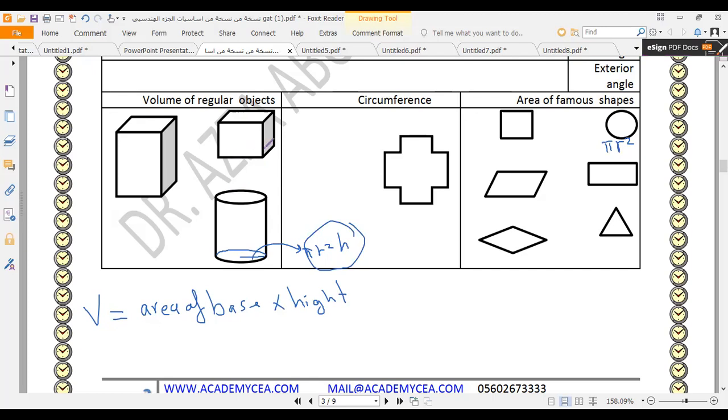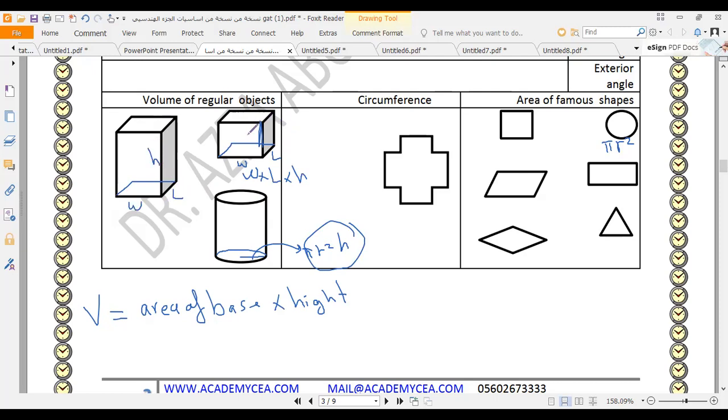And for this one here, you can find the area of the base, which is width and length, and this is your height, okay? So you multiply them: width times length times height. And also here, you just find the area of the base and then multiply by the height, so it will also be width, length, and height.